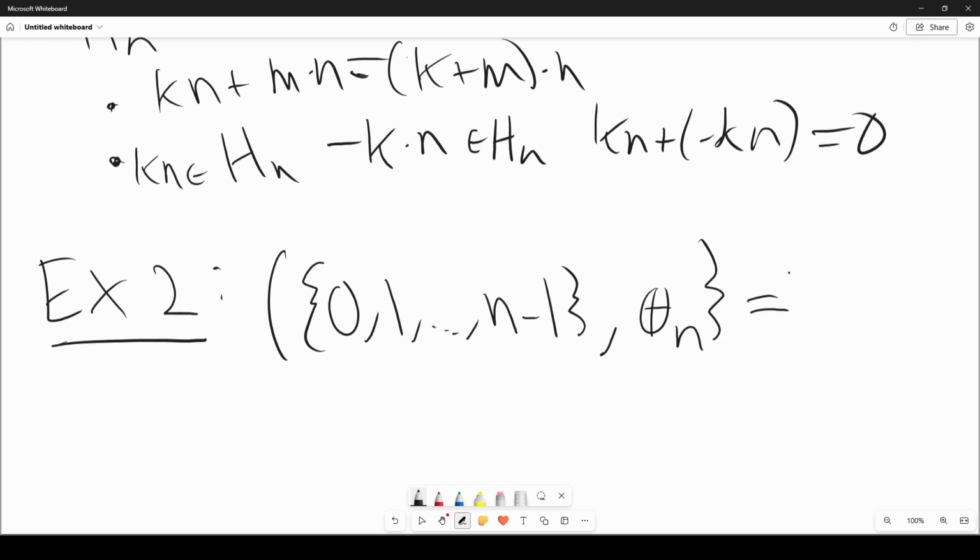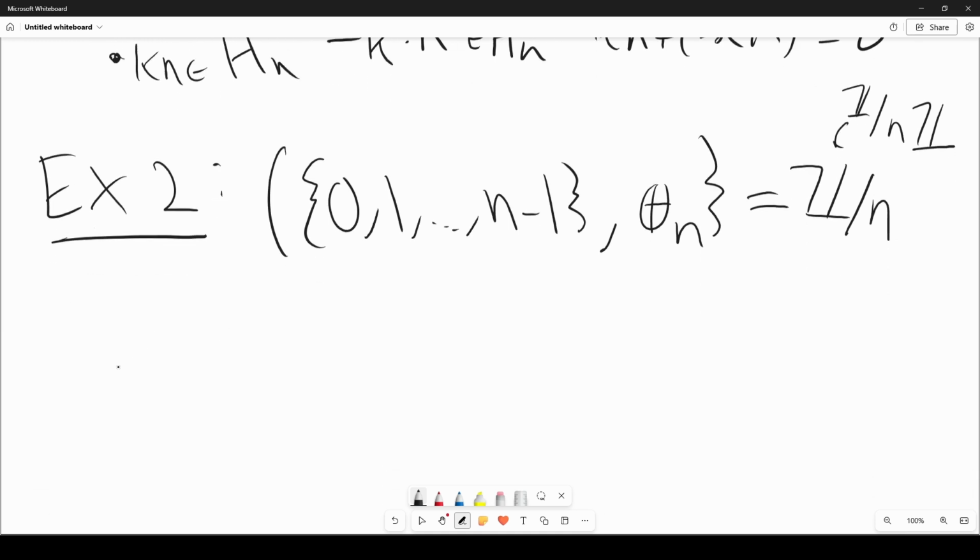And we're going to call this group Z mod n. Sometimes this will also be written as Z mod nZ, and maybe we'll explain why this term is used at a later point, but you need to understand rings and ideals before you can understand that definition.